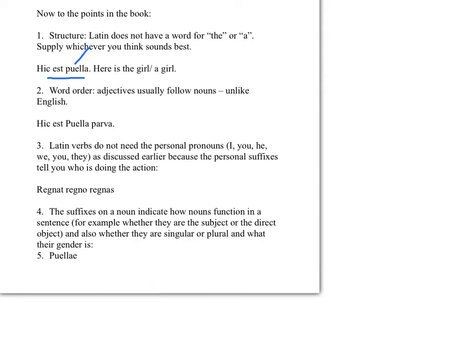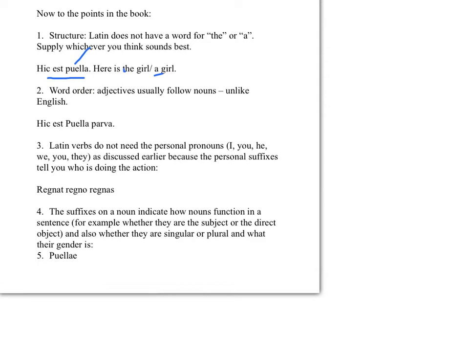You can translate it as either here is the girl or here is a girl. Either one is perfectly valid. Latin does not designate the or a under any circumstances, really. You have to make that decision and make it sound natural, make it sound like good English. Sometimes the will be more appropriate, sometimes a, and sometimes it'll be completely up to you.